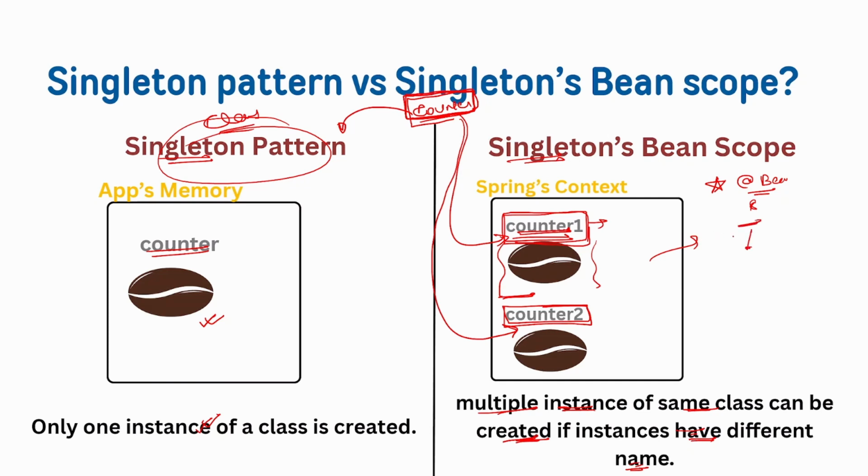So let's see both with the help of an example. First we will create the singleton pattern, and then I will create the singleton bean scope, and I will explain the difference between both approaches.